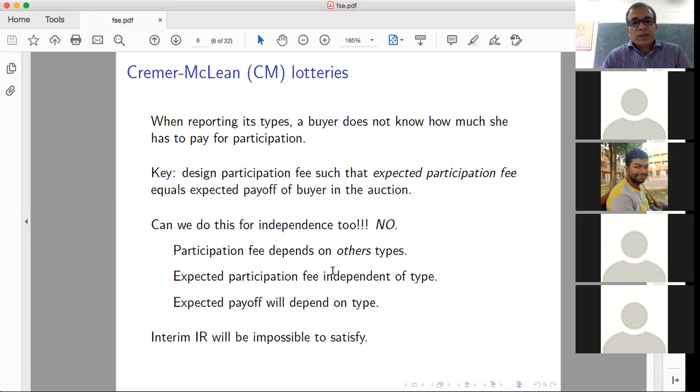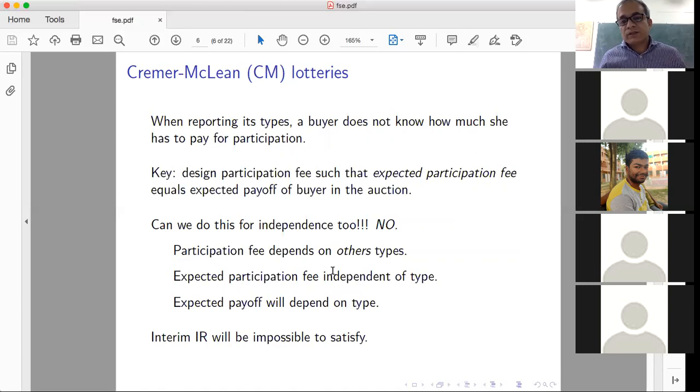Okay, the Kramer-McLean lotteries are of the following type. Remember, when a buyer is trying to report... Sir, I had a small question. Is the participation fee declared before the types are revealed to the agents, or after? No, so this is a mechanism, right?